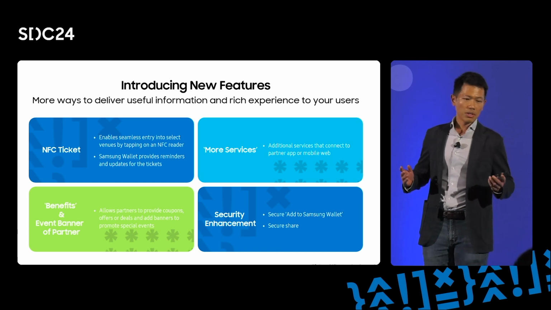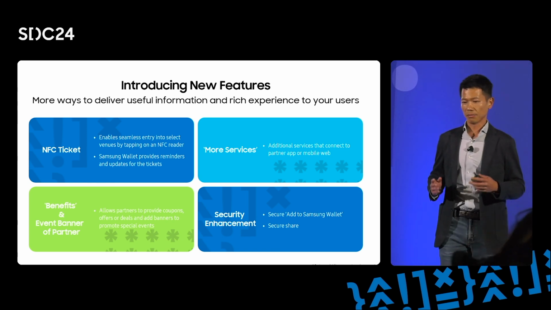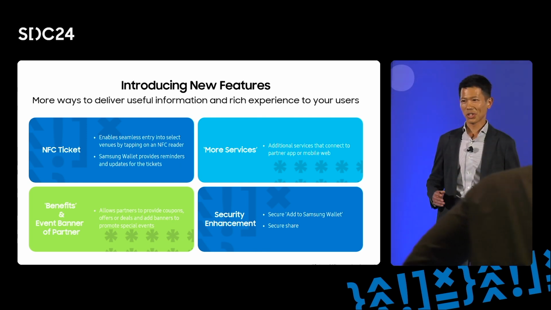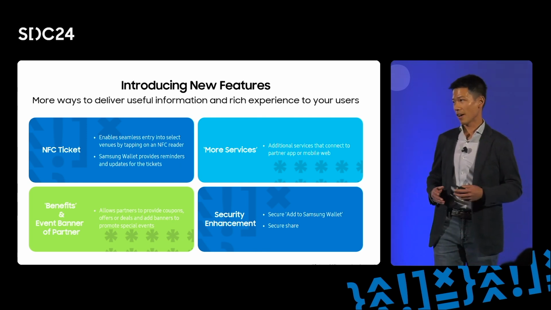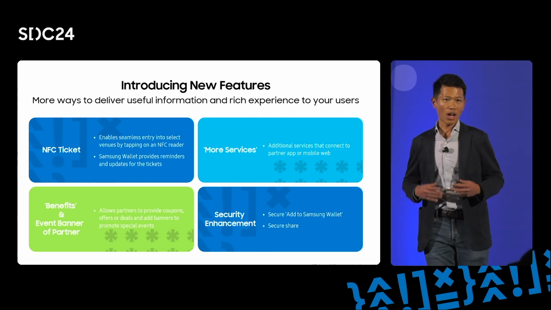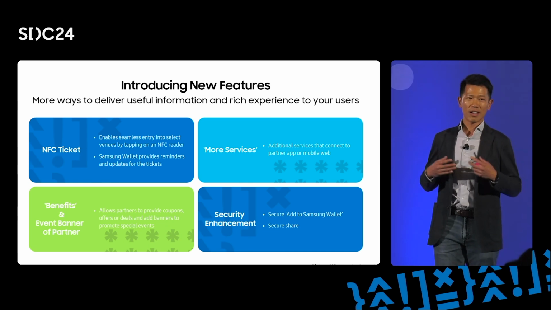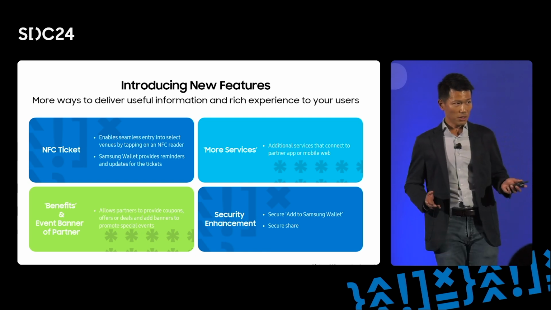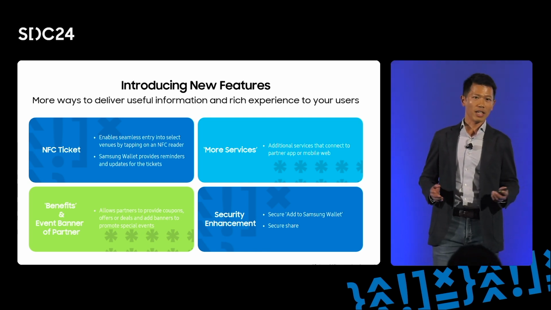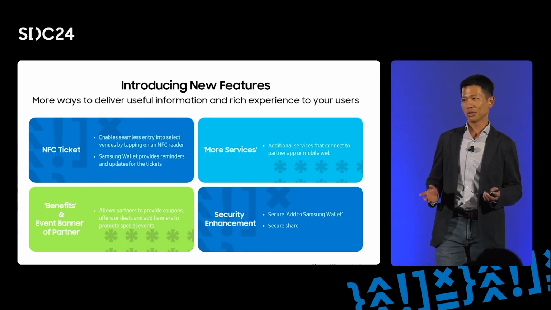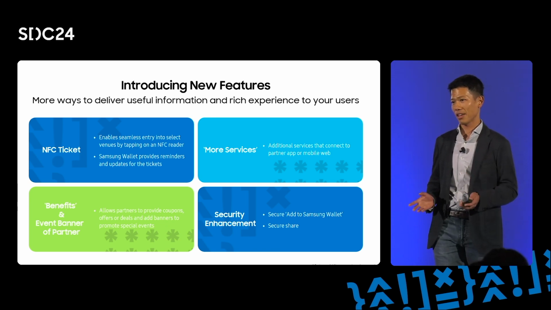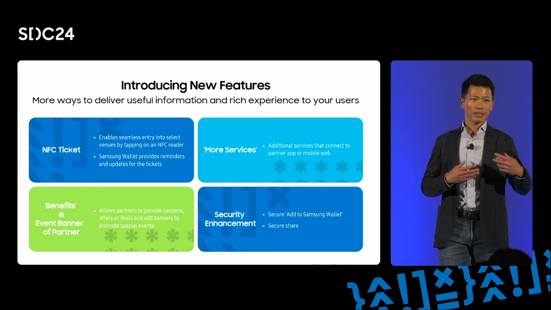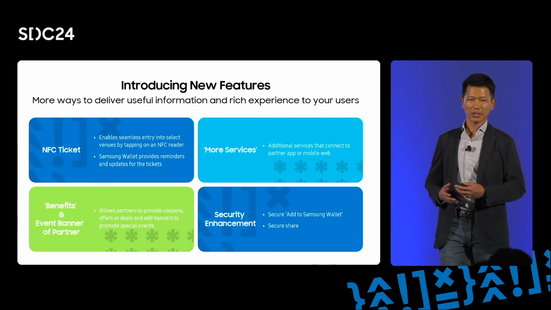In addition to Add to Samsung Wallet support for different card types, we're also introducing other new exciting features to help you build a more rich user experience. First, we're introducing NFC-enabled event tickets to allow users to enter select event venues via a tap-and-go experience, such as stadiums or concerts.